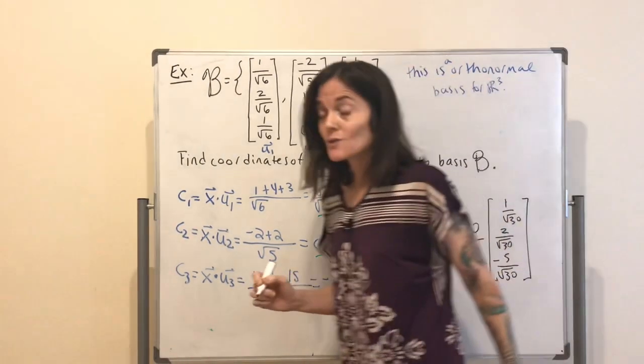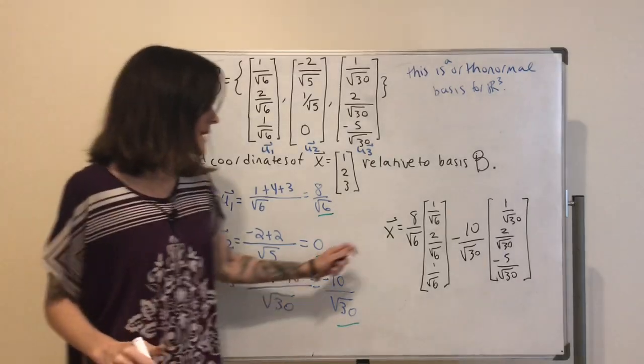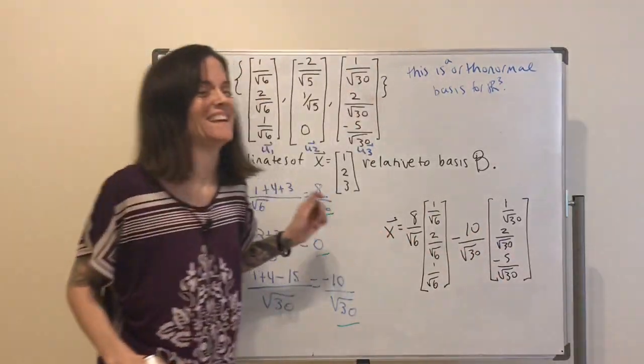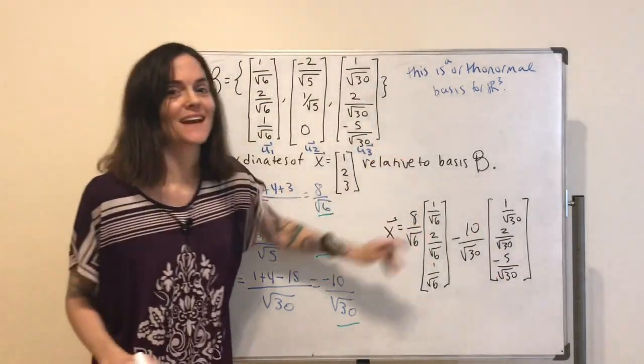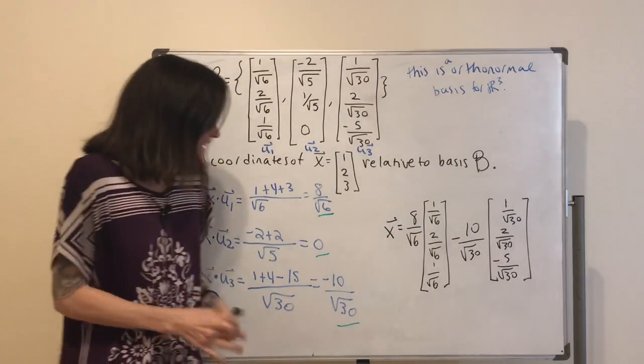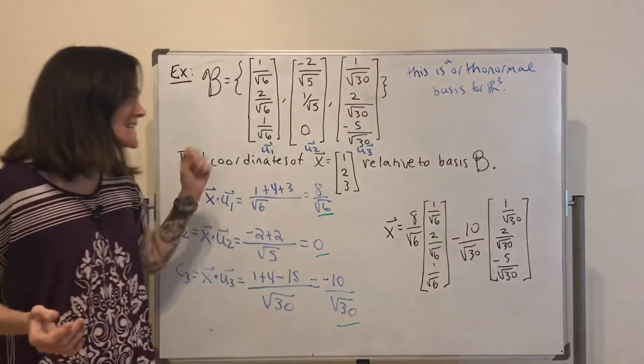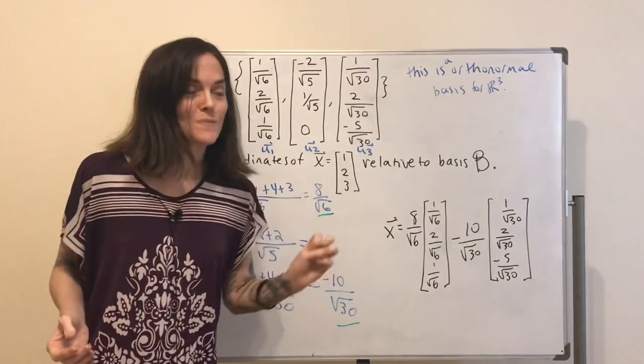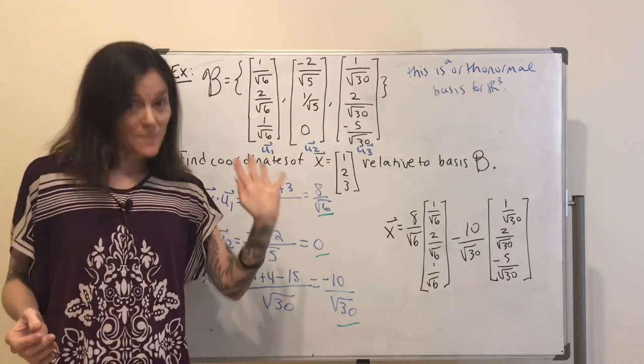Like this. And you should, in fact, check. It's not even that hard. Just if you add these up, you get x. You get 1, 2, 3 as the vector. So this is an example of finding these coordinates relative or with respect to some orthonormal basis.